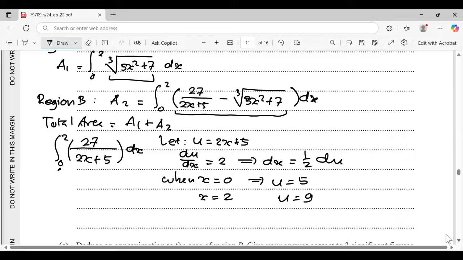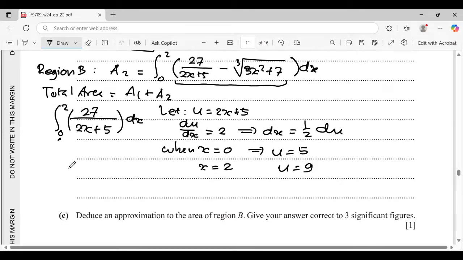So the integral becomes the integral from 5 to 9 of 27 over u times 1/2 du, or 27 half times the integral from 5 to 9 of du over u, which becomes ln u.